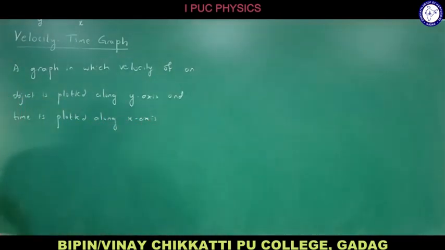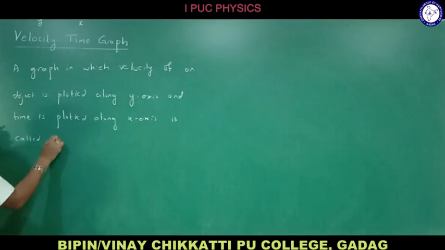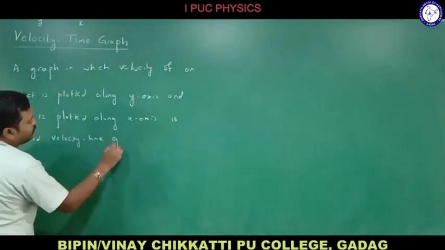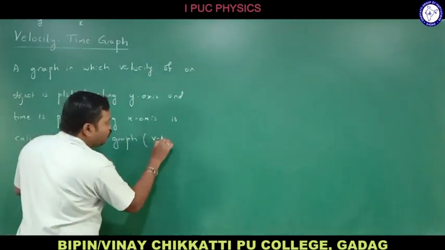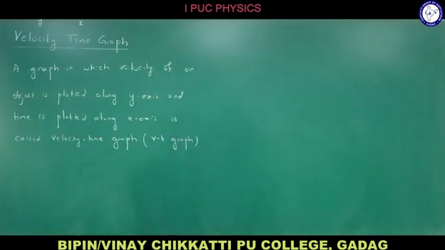That kind of graph is called velocity time graph, or it is also called as VT graph. So in short, we can write it as VT graph.